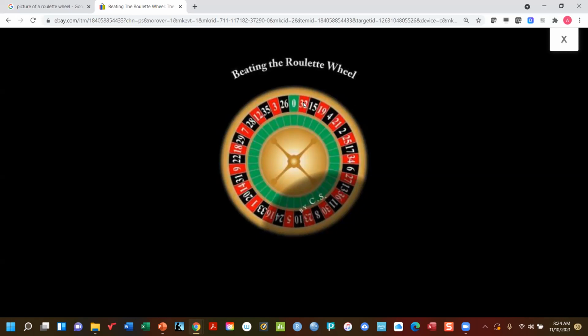The numbers range from 1 to 36, of which half are red and half are black. On this wheel, there's a single green number, 0. That tells me this is a European wheel. In the United States, there's also a double 0, which is also green. Before the wheel is spun, you place your bet on what you think will happen.